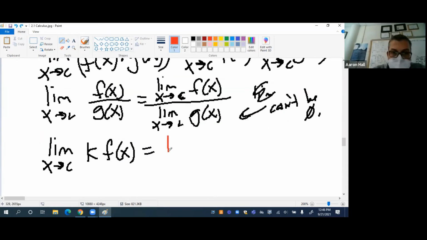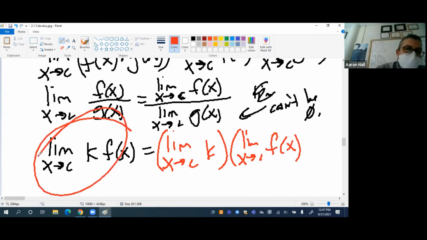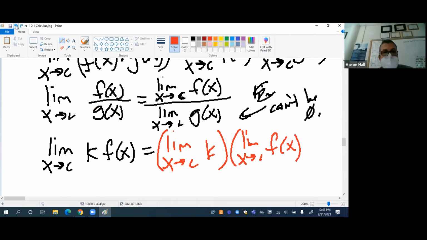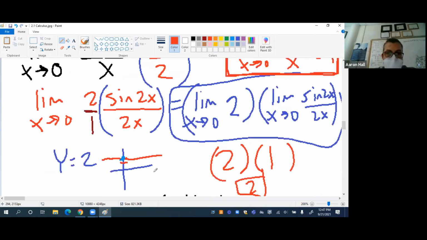That the limit as x approaches c of k times the limit as x approaches c of f of x equals the same thing as this. But what is this? This is always going to be the constant. Isn't that what we figured out earlier up here? That this part here was just 2.